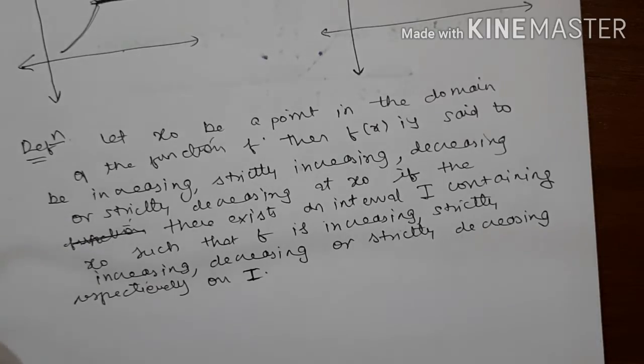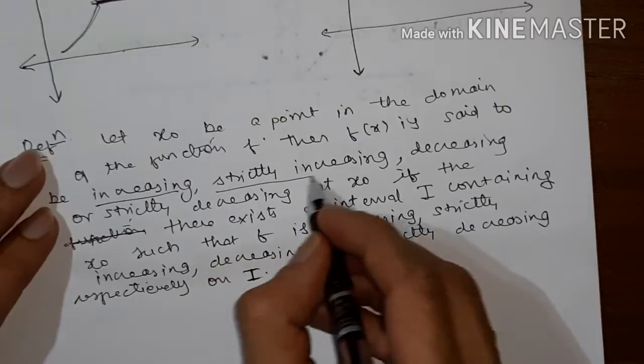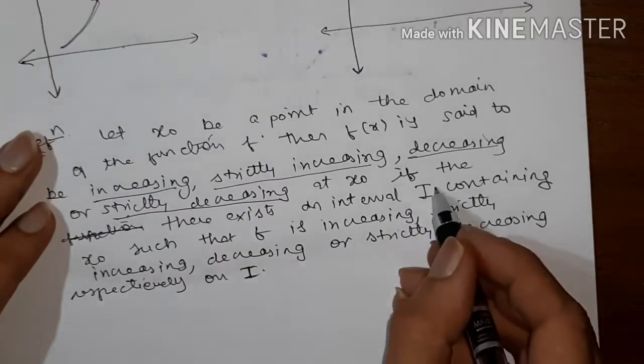So let x naught be a point in the domain of the function f, then f(x) is said to be increasing or strictly increasing or decreasing or strictly decreasing if there exists an interval.